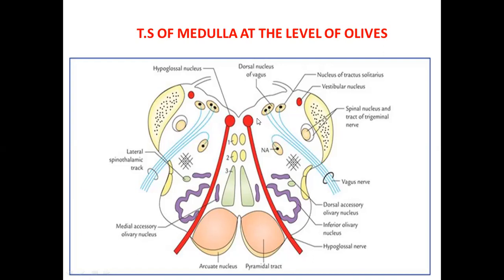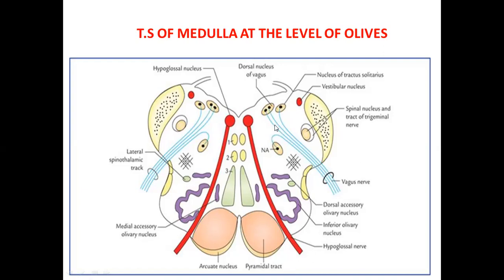They form a perihypoglossal nuclear complex. So hypoglossal nucleus, intercalated nucleus, then the dorsal nucleus of vagus and the vestibular nucleus.